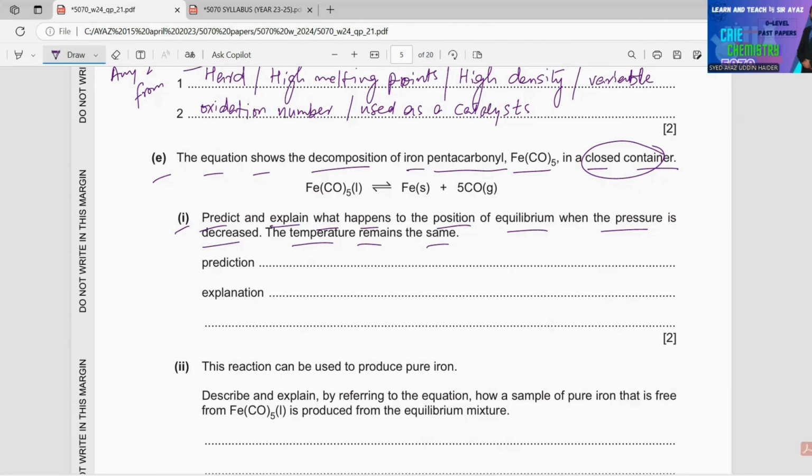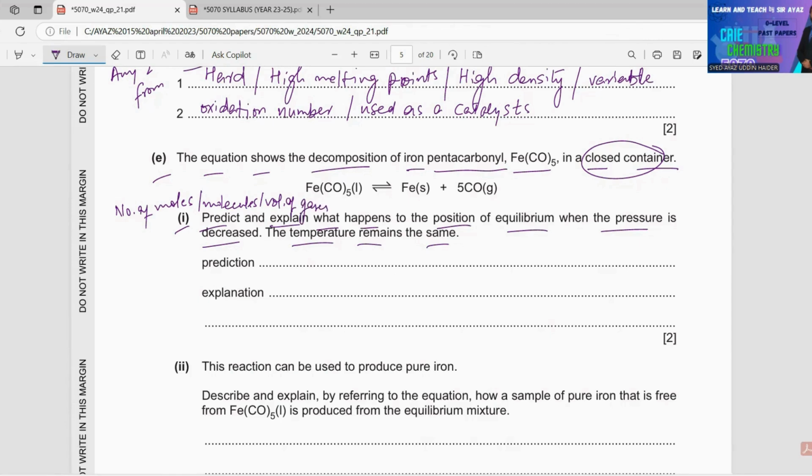So for the prediction, first of all I'm going to write the number of moles, molecules, or volume of gases, so you will have a better idea in which direction it will shift.